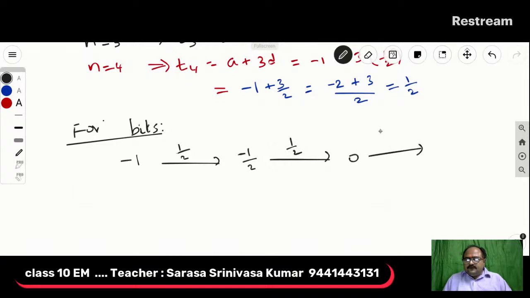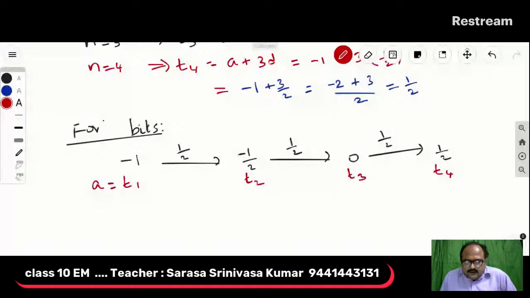If we add 1 by 2, then it is 1 by 2. Now this is T1, T2, T3, T4. So for bit paper, the method is different, and for short answer question type, we write the formula and we write the steps.